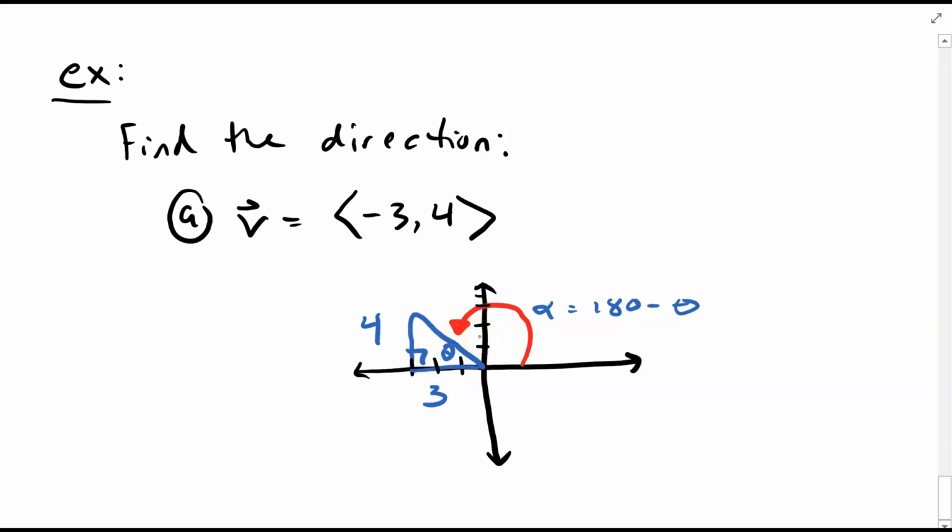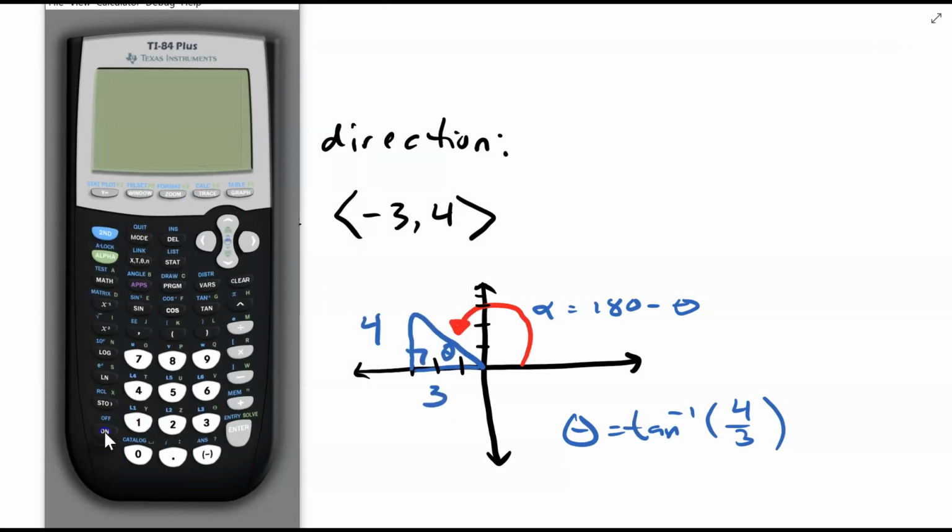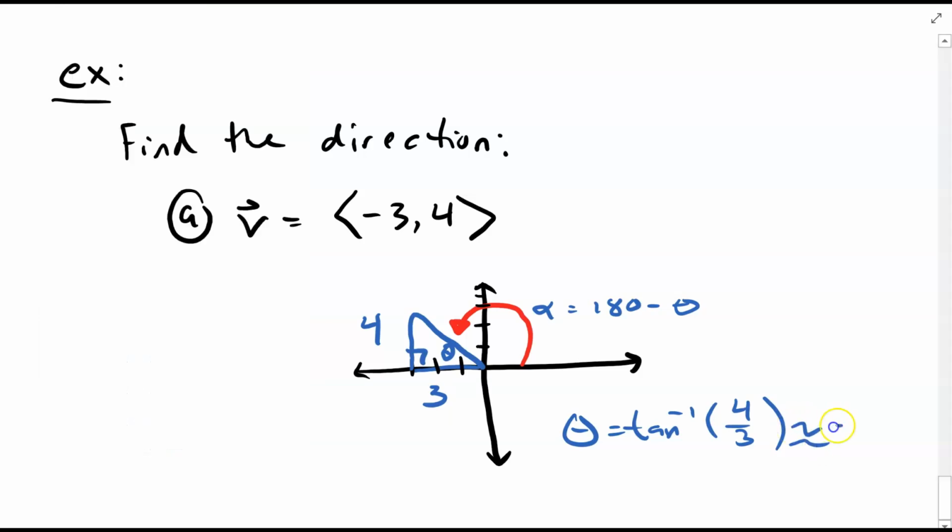All right, so how do we find theta then? Well, because I know the opposite and adjacent side of that right triangle, I can use tan inverse of opposite over adjacent. If I type that into my calculator, making sure that I'm in degree mode, I get approximately 53.1 for theta.